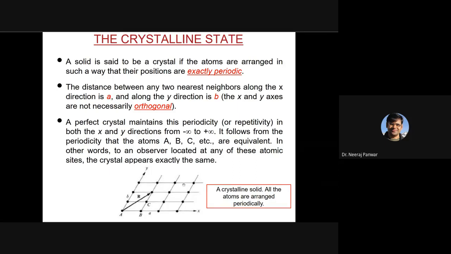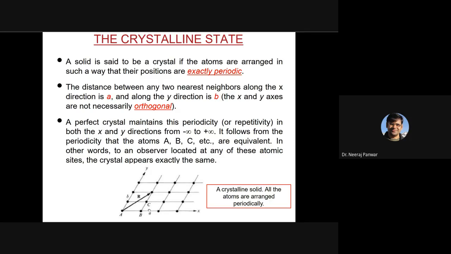This is what is seen in case of crystals, that crystals have periodic arrangement of atoms. So along this direction, if we want to go from one atom to another atom, we need to move distance a. And if we want to move along y direction, then we need to move a distance b. Then we will find another atom.